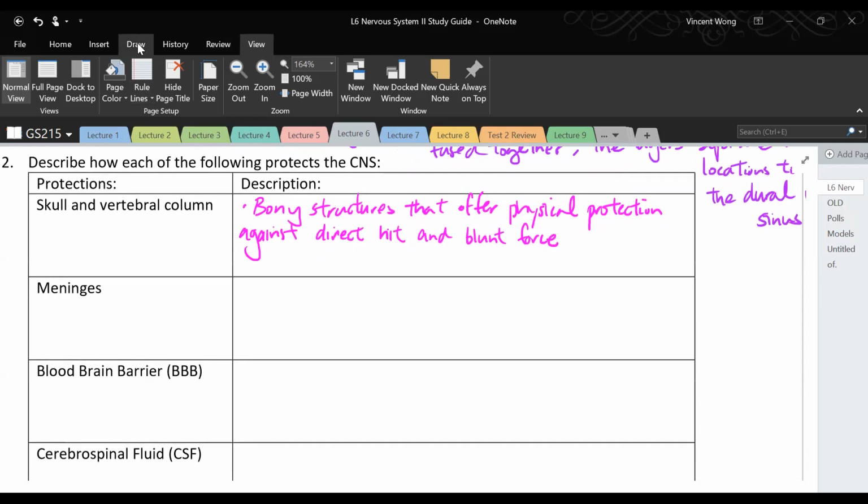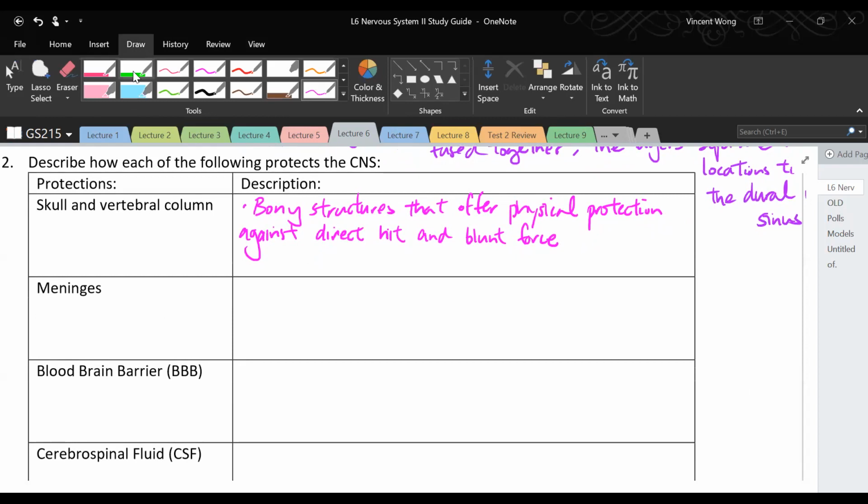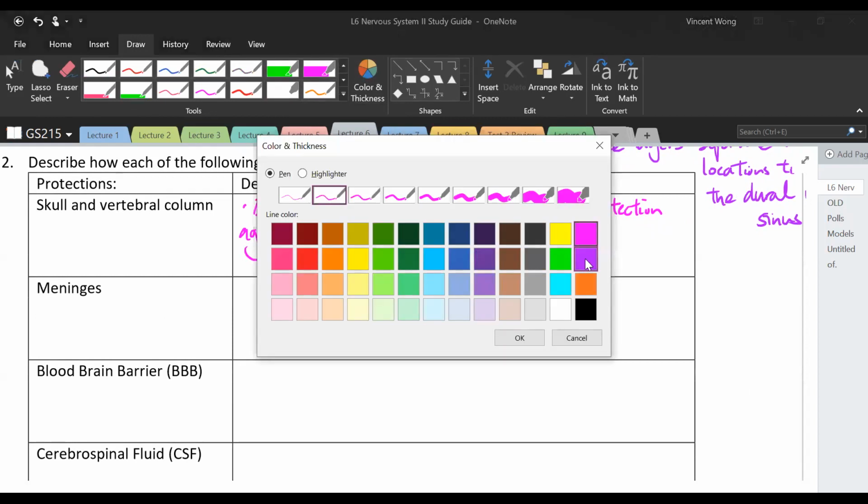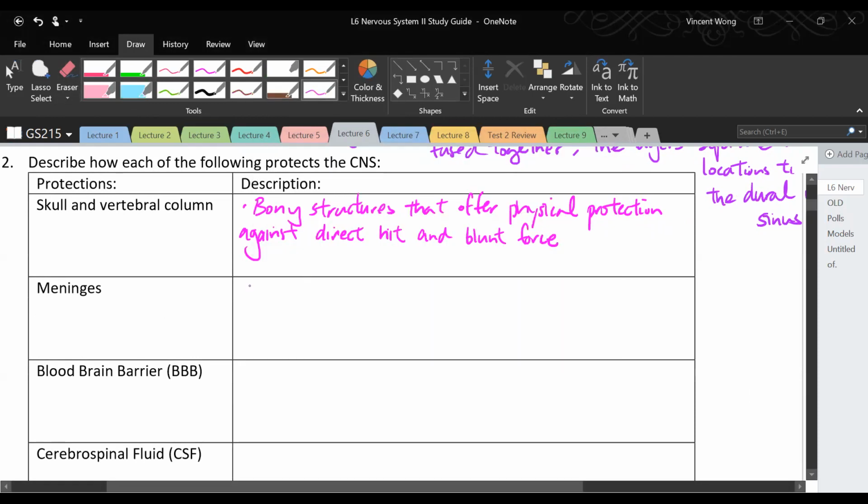The meninges that we just talked about. What does the meninges do? Basically it anchors the CNS in place, so they're not bouncing around in your head. Your spinal cord is going to stay put inside your backbone. More importantly, the meninges actually works with the CSF as well.